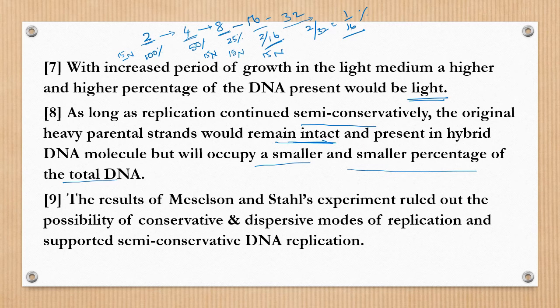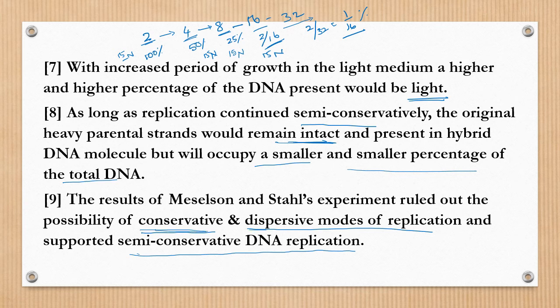The results of this Meselson and Stahl experiment ruled out the possibility of conservative and dispersive modes of replication and supported semi-conservative DNA replication. Ruled out means it is not possible for the conservative or dispersive mode to occur.